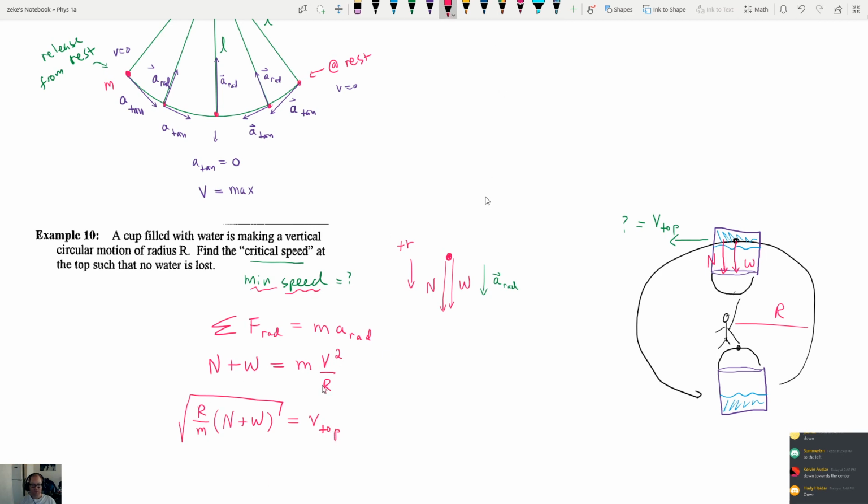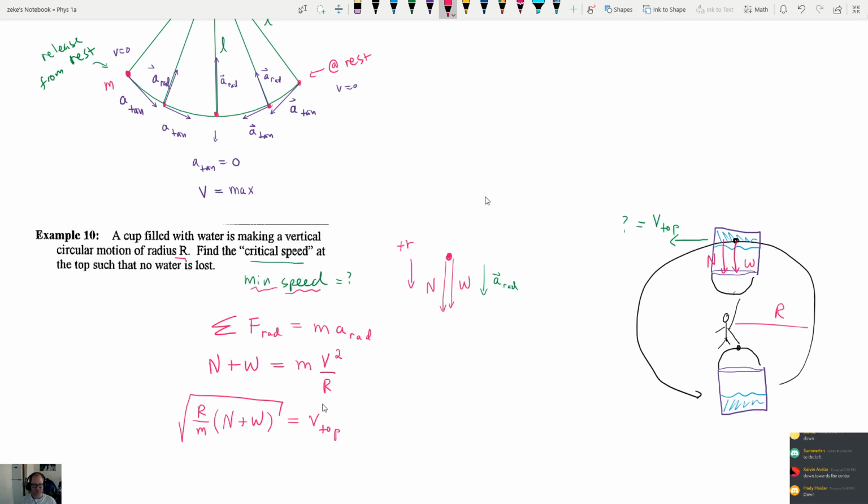Now we need to minimize this. We need to make this as small as possible, but what can we control? Let's assume that the radius is a fixed value, that we're not going to change the radius because it says of radius r, so we can't really alter that. We can't really change the mass of the water either. That's kind of fixed, not without pouring water out of the bucket. But it doesn't really matter how much water is in the bucket.